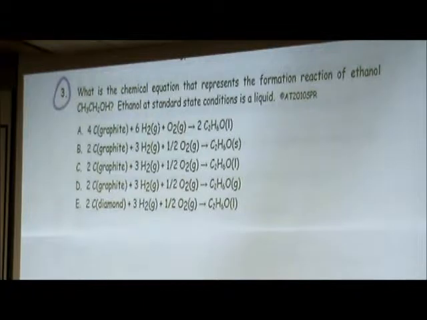If you have, like the first one, 2 moles, immediately you reject it, right? You have to have 1 mole. You balance it starting with 1 mole of the product, and then accordingly you balance all the reactants. So in that way, the correct answer should be C for number 3. Okay?